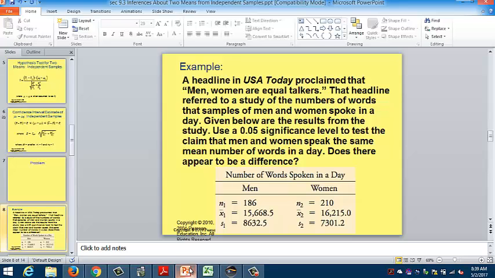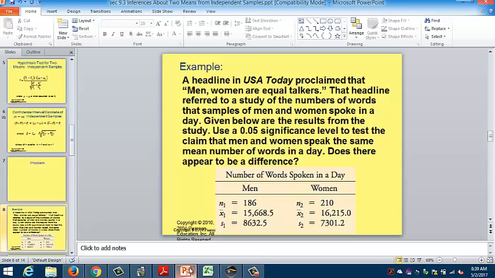Yeah, what does that tell you, by the way? If the standard deviation is about 8,000 words, what does that tell you about the data? Think about it. The mean is 15,000, right? How many standard deviations away can you be and still not be uncommon?